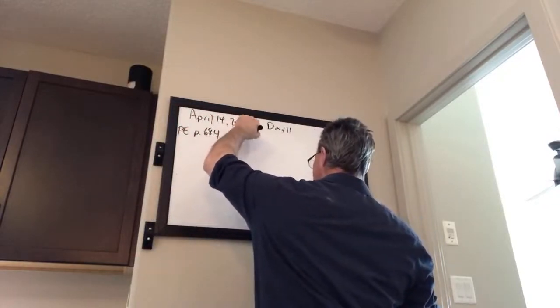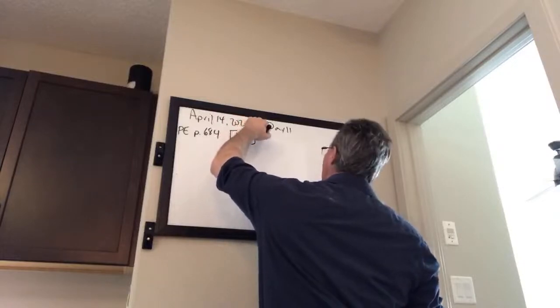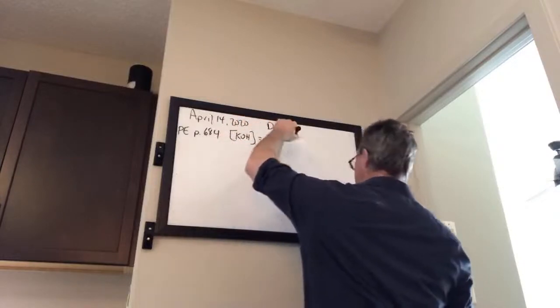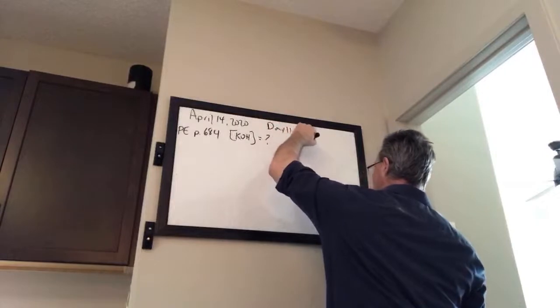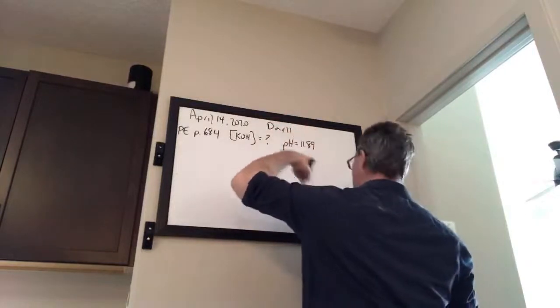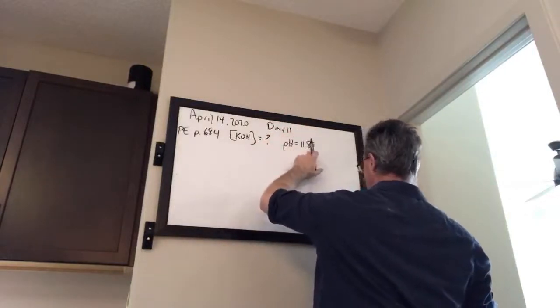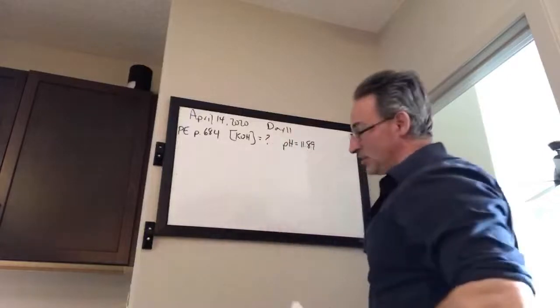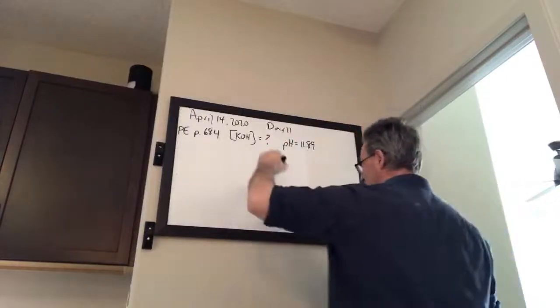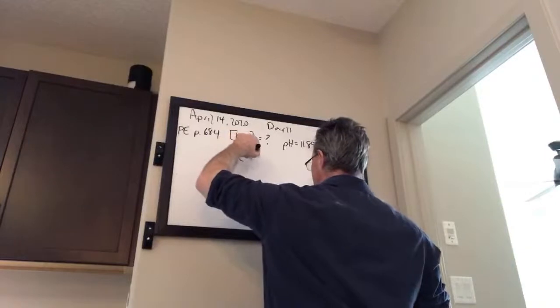It starts off with KOH concentration not known, but the pH is equal to 11.89. So if you take the inverse of the log, what you get is the OH minus concentration.